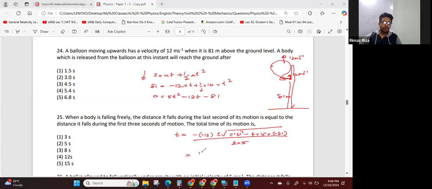So here, 12 plus or minus the square root of 12 squared, which is 144, minus 20 into minus 81, so plus 81 into 20. 81 into 2 is 162, so 1620, all under the square root, divided by 10.